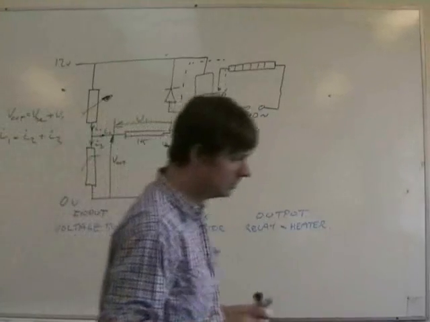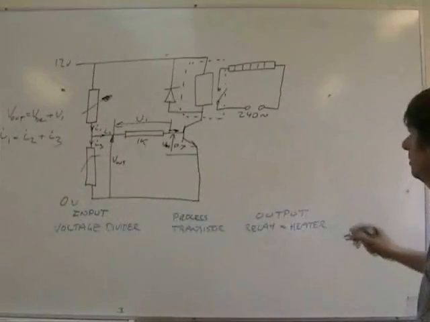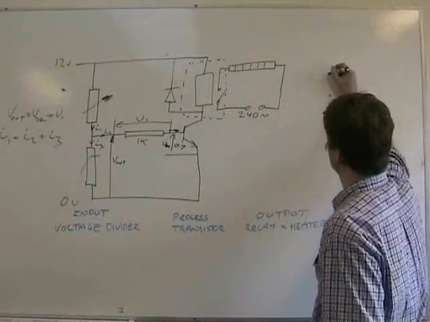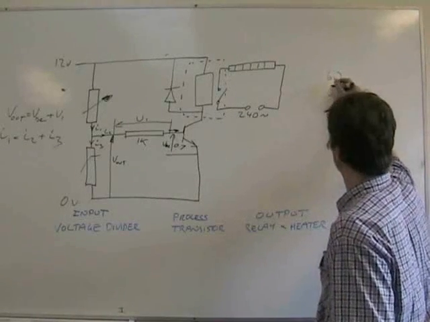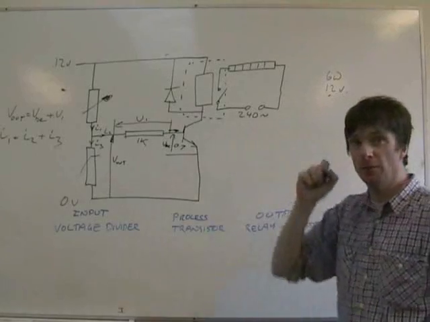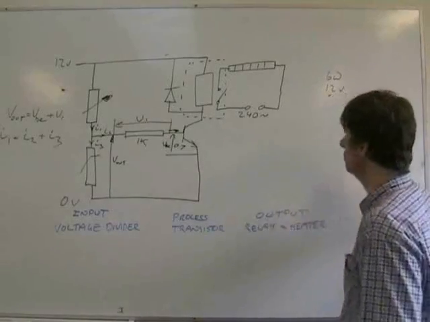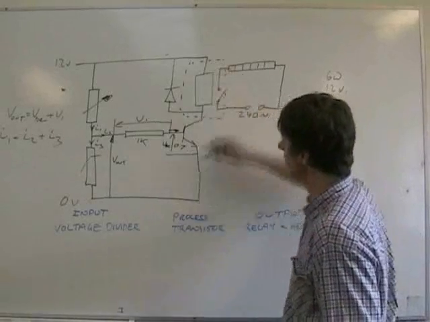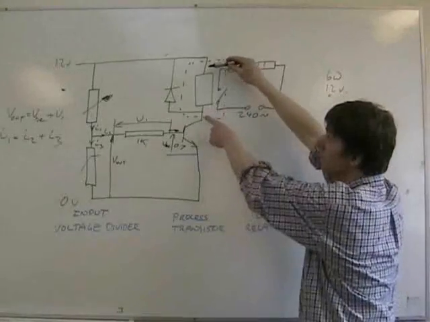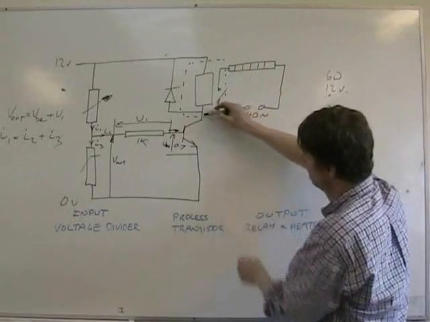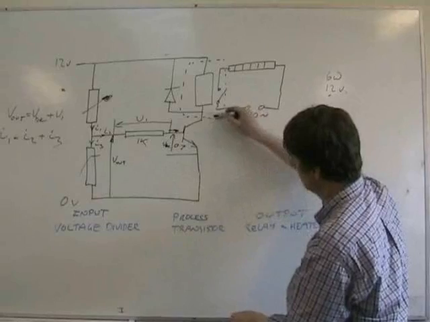Now, sometimes they'll give you a relay and they'll tell you it's 6 watts at 12 volts. From that figure, you calculate the resistance of the relay. In this circuit here, it probably isn't going to be 12 volts across there. The question might tell you what this voltage between that point and 0 is.